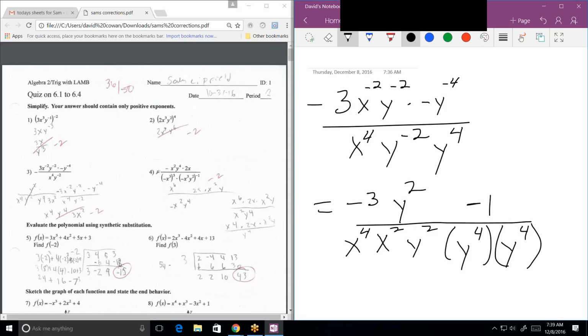Okay? Now I can start combining stuff. Right off the get-go, I can see that. Now I could have done that originally.